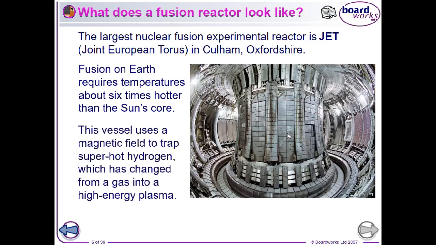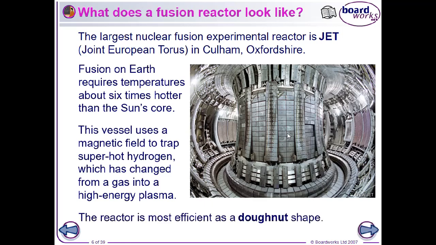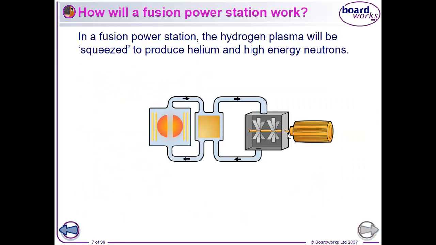So these reactors use magnetic fields to trap very, very hot hydrogen, whose atoms have lost their electrons and turned into what we call plasma, which is ionized gas. That can be contained using magnetic fields because it's charged, and we find the easiest way of doing it is a donut shape, or tokamak.